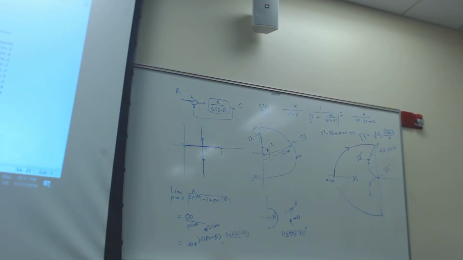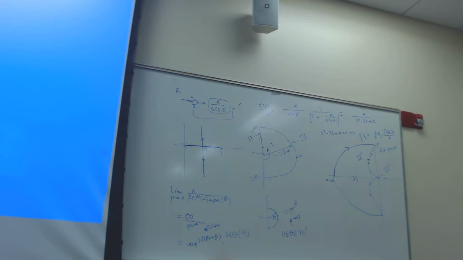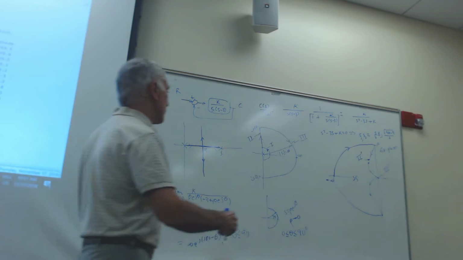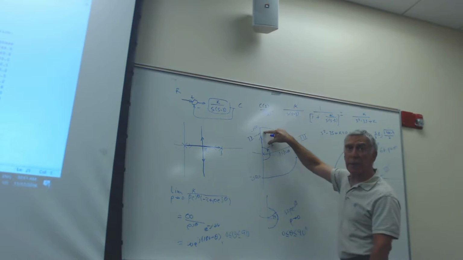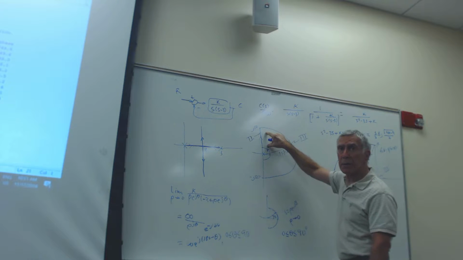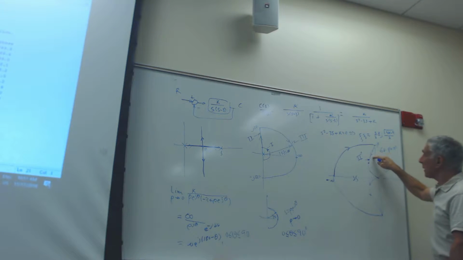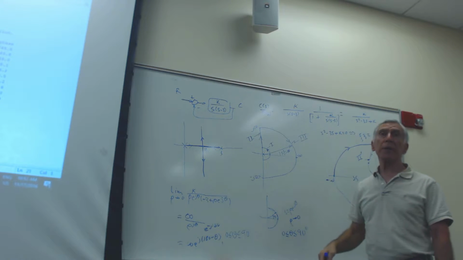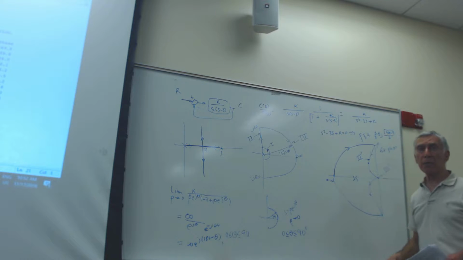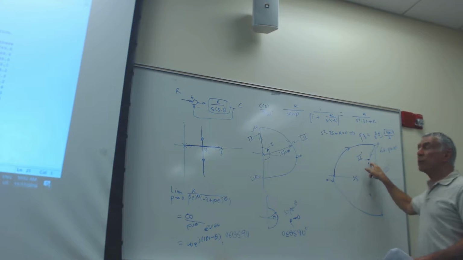If I were to plot all those points, that would give one segment, this segment here, where S equals j omega. So segment 2 maps into that according to the frequency response tabulation. Yes, segment 2 maps into segment 2 prime.